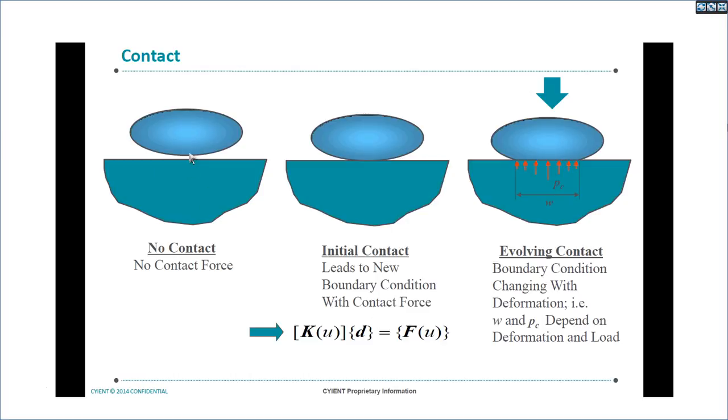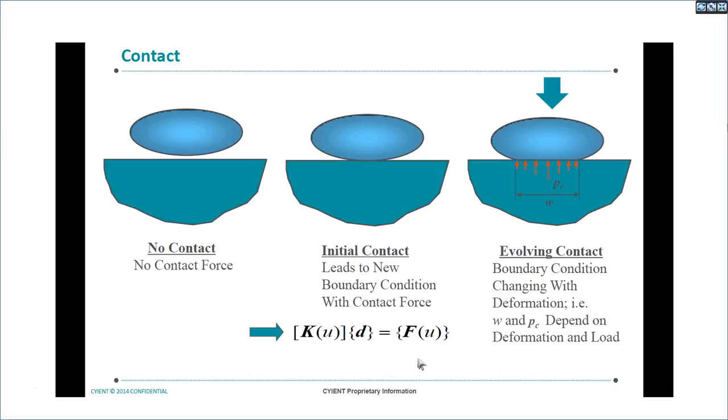So when there is no contact, there is no change in this surface. But when this ball is resting on this component, on this surface, it results in new boundary conditions.